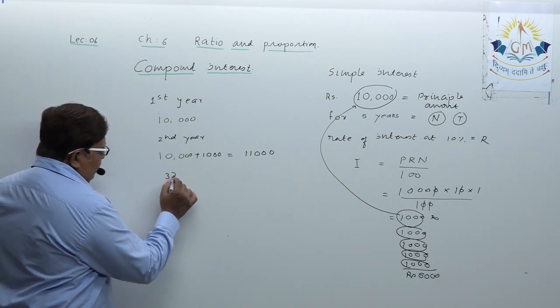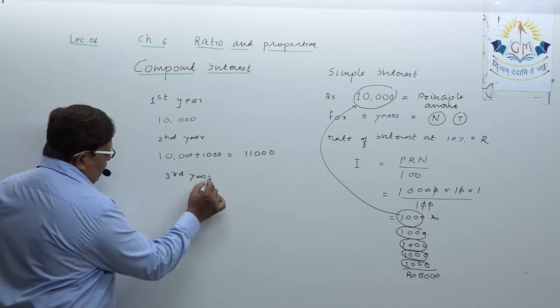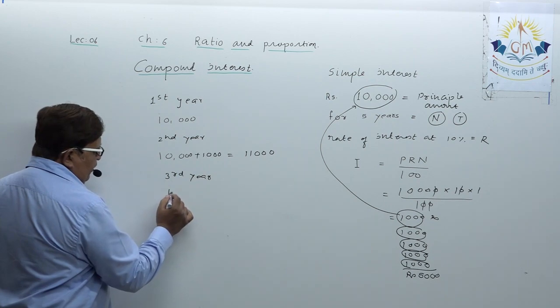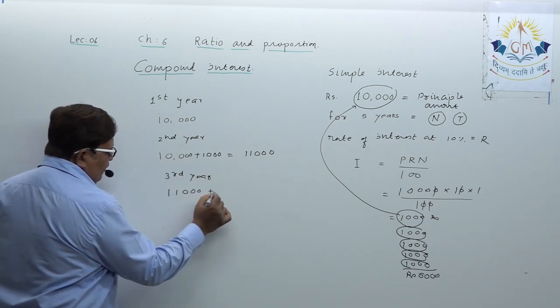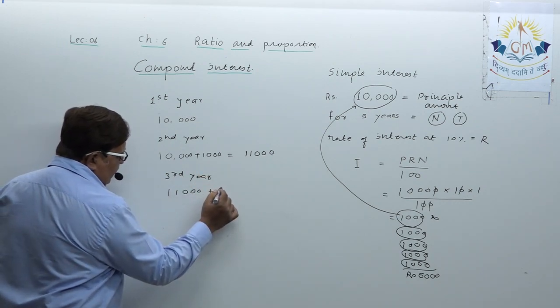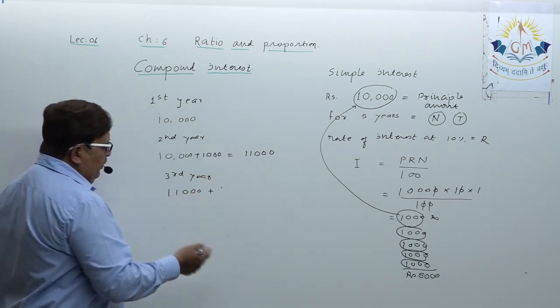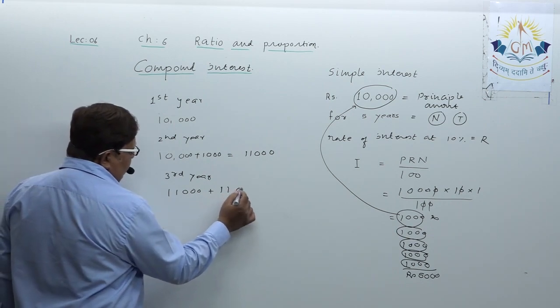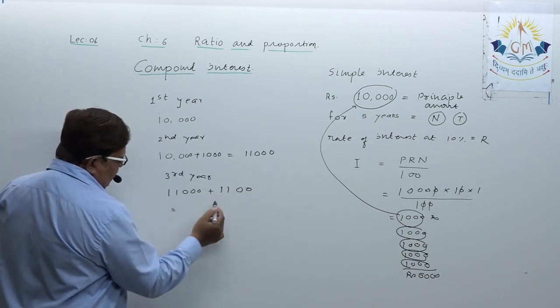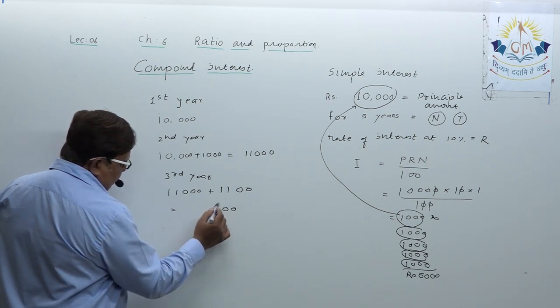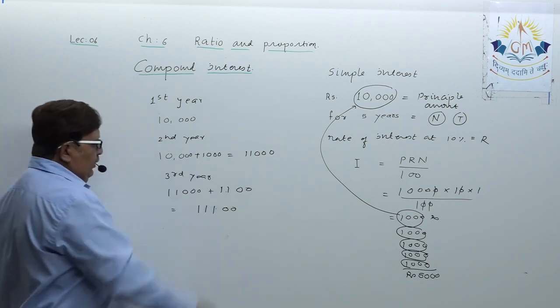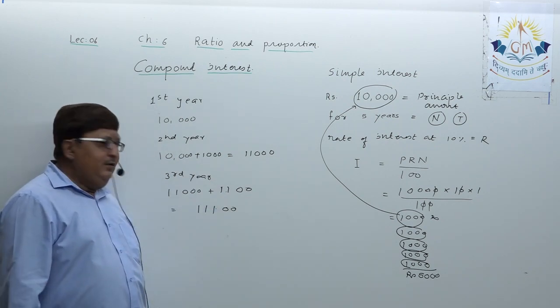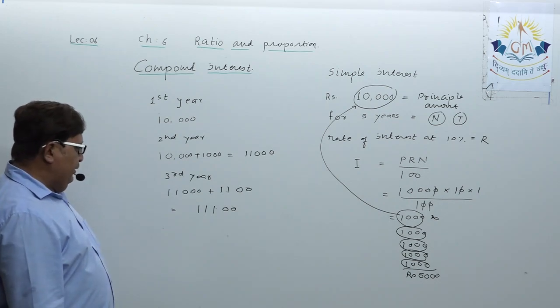Third year dear student, again interest is counted not on 11,000, but interest is added again, and is on 11,000. If you find the interest, suppose it turns out 1100. So now what happens? Understand, interest is counted on 11,100.